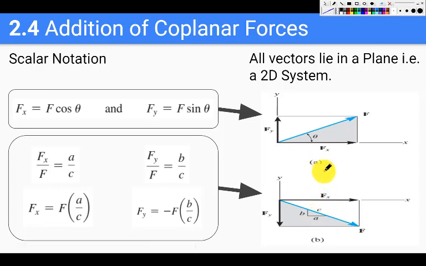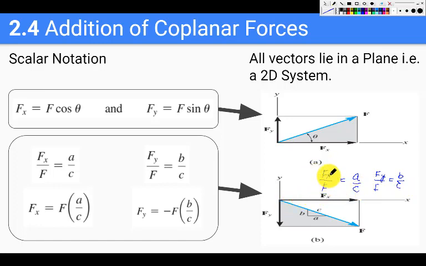So we can say that fx divided by f is the same as A divided by C, and similarly fy divided by f is the same as B divided by C because of similar triangles.